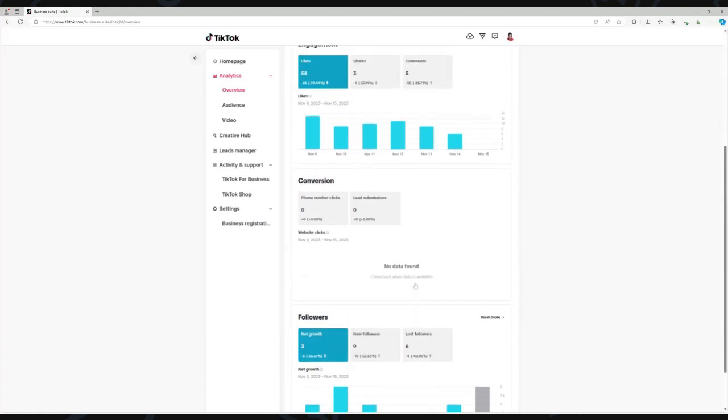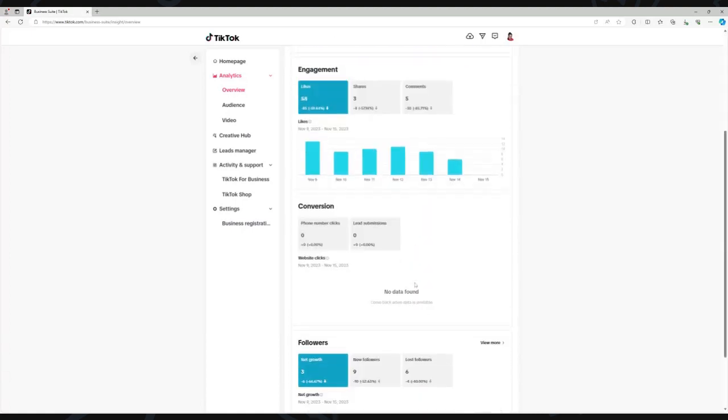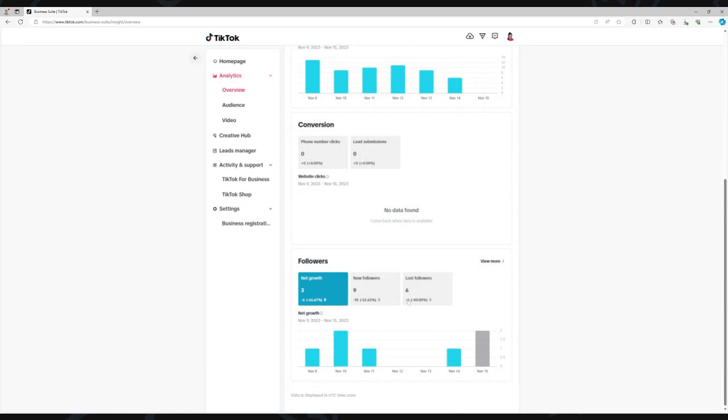So when I looked at this data just based on the last 7 days, I said, I'm gaining followers, but I'm also losing followers. And I said, my content has changed.